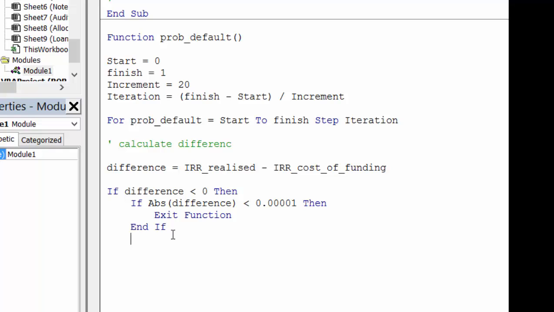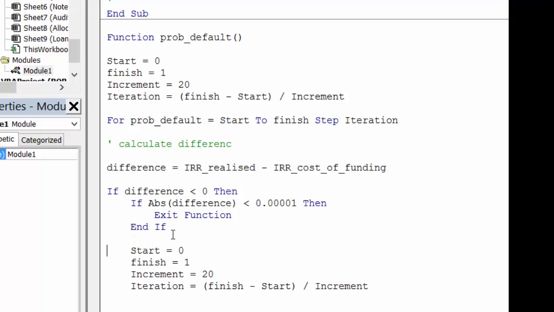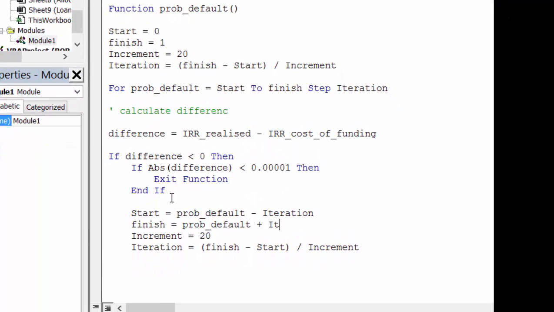Now otherwise, we're going to put the, and this is what I kind of do, and I'm kind of having a debate with myself right now whether the start is the iteration minus the increment, no, start is the probability of default minus the iteration, and the finish is the probability of default plus the iteration, and we'll leave the increment as 20.